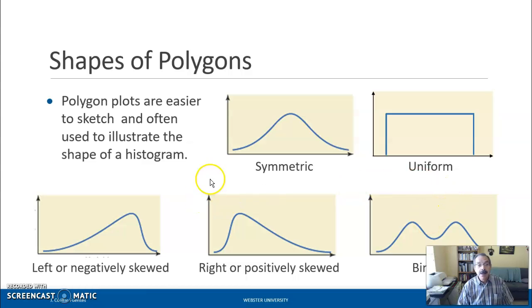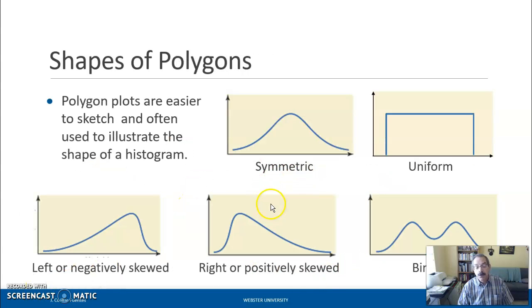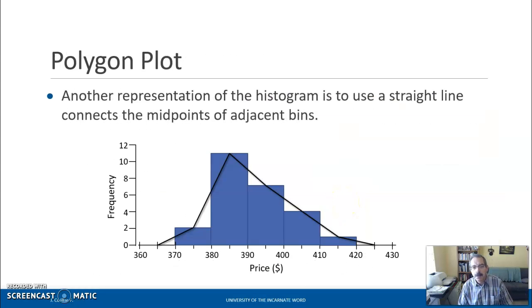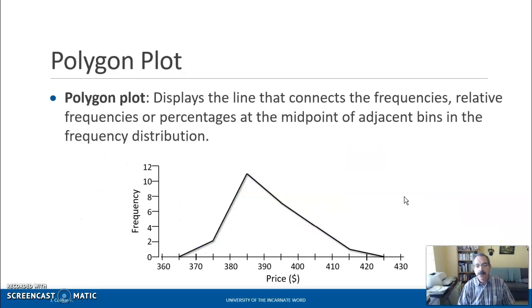All right, so again, we may use histograms to show the shapes, or we may show these polygons to show the shape. All right, if we go back to our first example, I'm talking about this example right here. I didn't talk about how to interpret this histogram because we haven't talked about shapes and all of that.